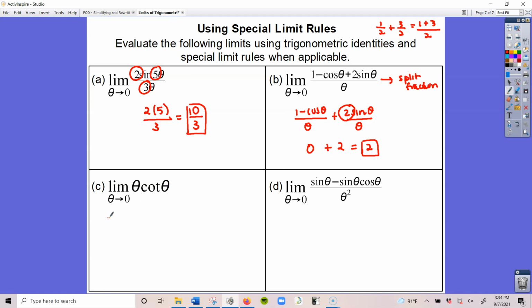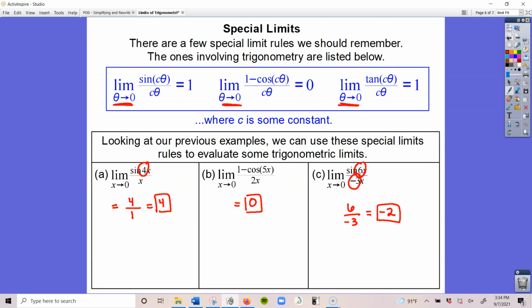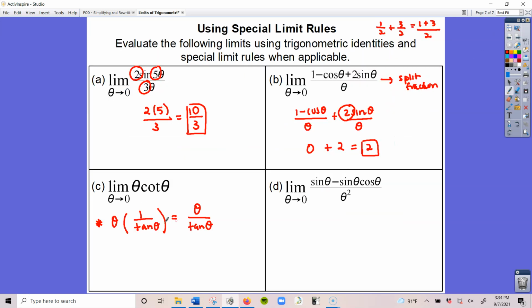So this is the same thing as saying theta times 1 over tangent theta, which is equal to theta over tangent theta if I actually multiply this out. This is a special limit. If I look back, remember what I said, that the reciprocals also are the same. So tangent of theta over theta, the reciprocal is theta over tangent theta, and that is going to equal 1.